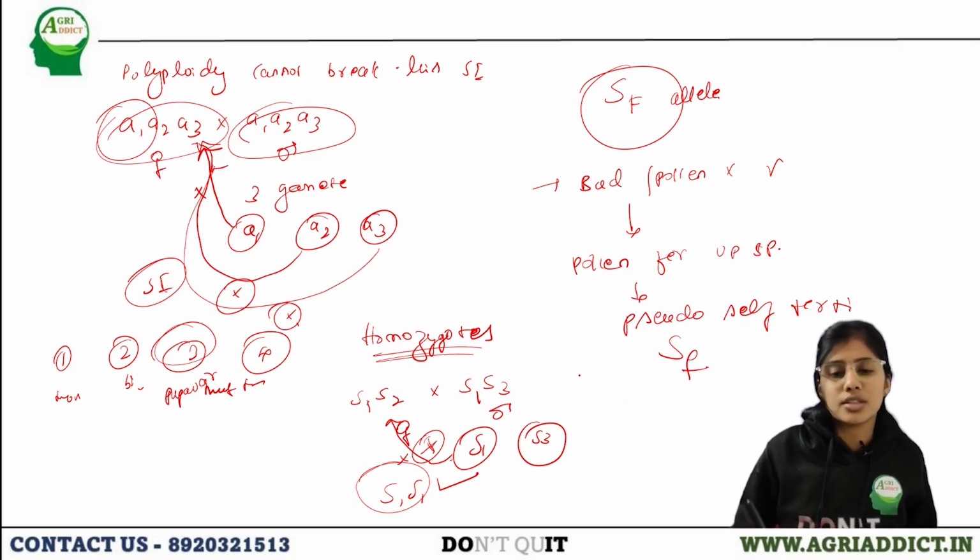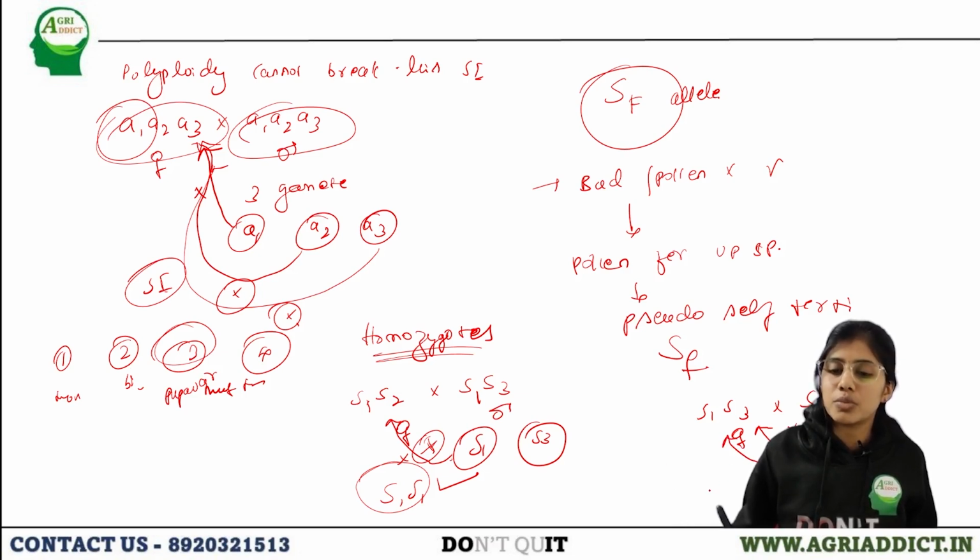And also there is no reciprocal cross difference. Let us take S1, S3 with S3, S4. So let us take this as a female and male. So it would be partially compatible, right? So S3 will match with this, so it is not possible to fertilize. S4 is not matching, so it is able to fertilize.